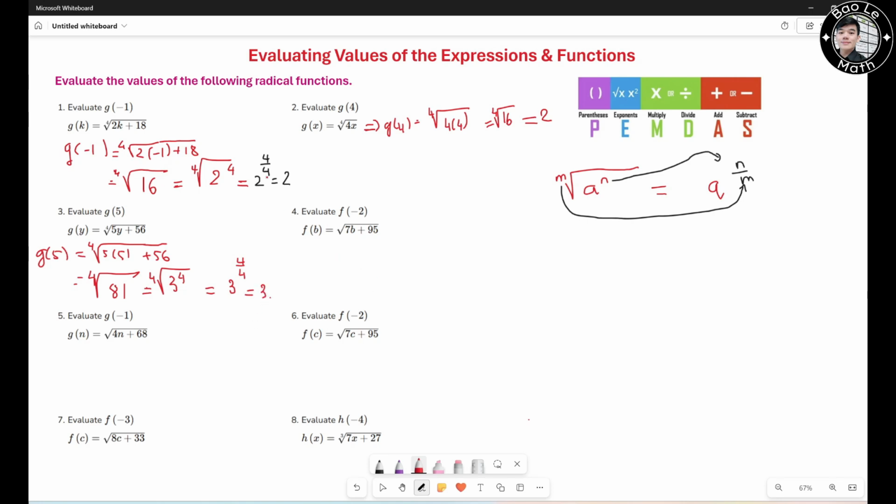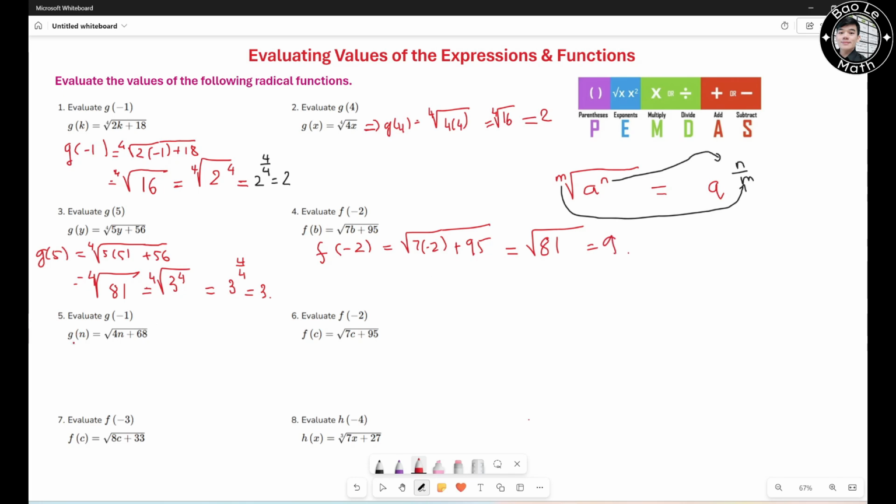Now question number 4. F of negative 2 is square root of 7 times negative 2 plus 95, right? Alright, so this guy turns out to be square root of 7 times negative 2 is going to be negative 14 plus 95 is going to be 81, right? So square root of 81 is going to be 9, right?